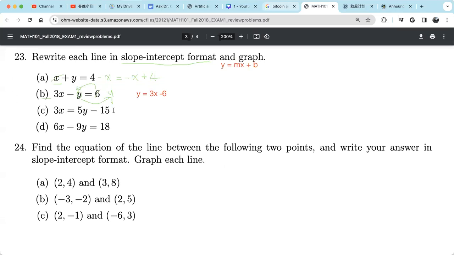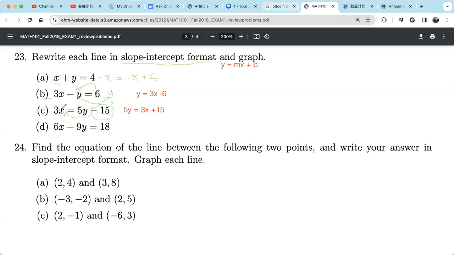Then let's see, for C, we want to move negative 15 to be with 3x. So we have 5y equals 3x plus 15. Remember, an equation is different from an inequality. In an equation, we can switch the left-hand side and right-hand side. What I did is move this negative 15 to the other side. Negative, moved to the other side, becomes positive.